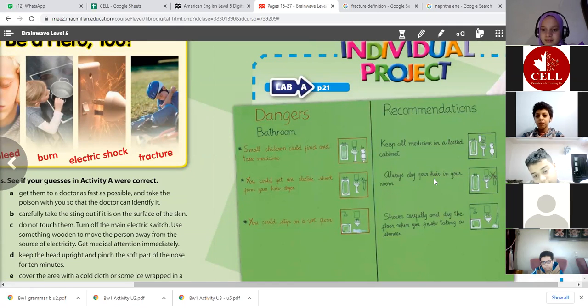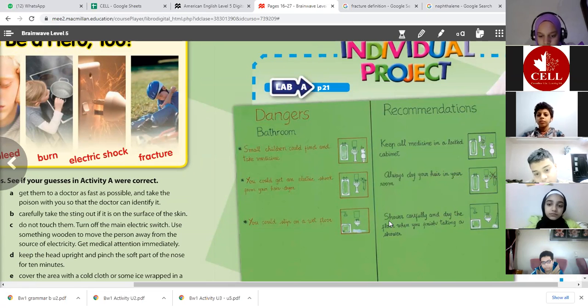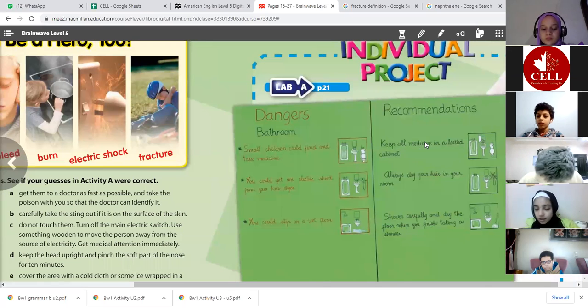Always dry your hair in your room. Shower carefully and dry the floor when you finish taking a shower.